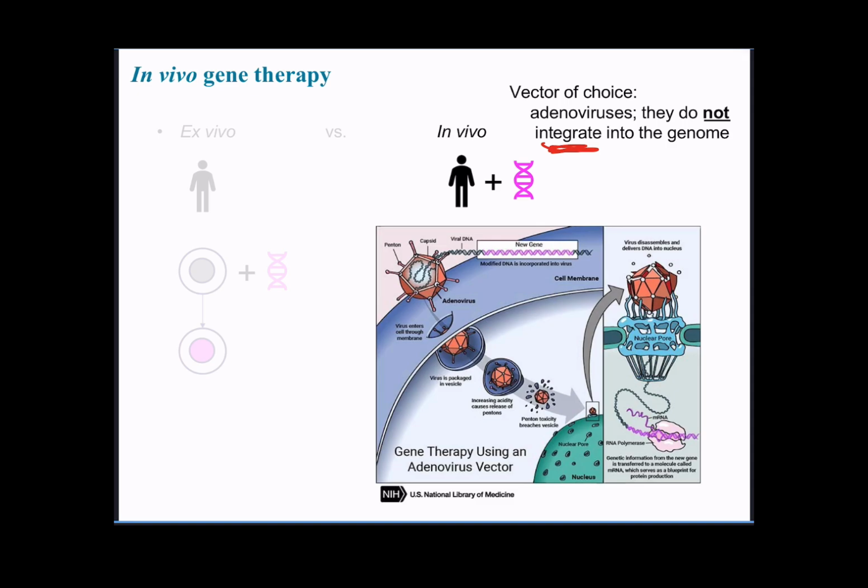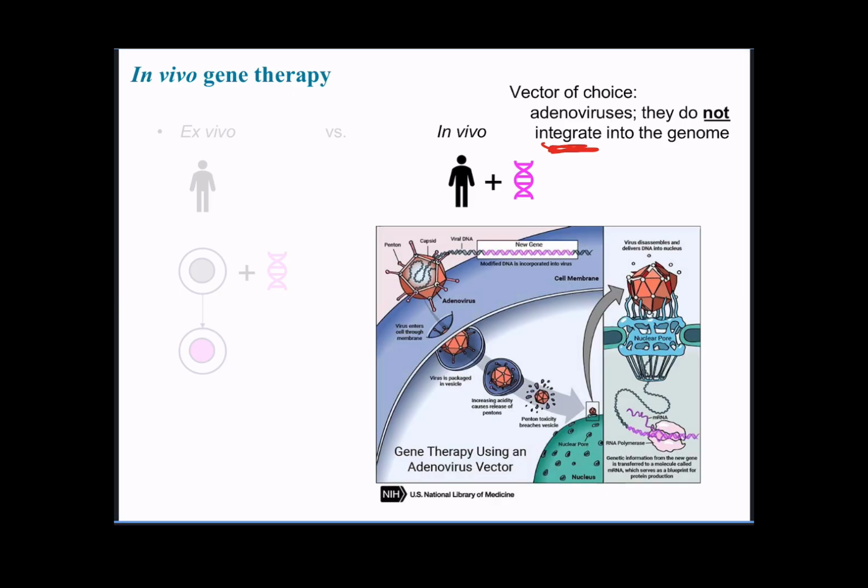Why do we emphasize that they do not integrate into the genome? Because that's actually good news for safety. If the DNA that you're putting into a patient's cells does not integrate into the patient's genome, there is no risk of accidental mutations.